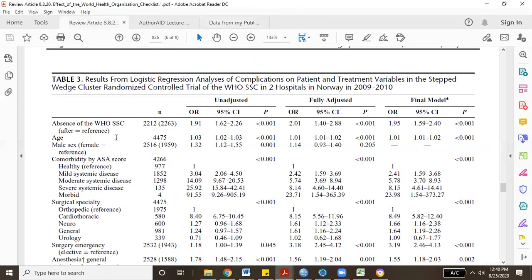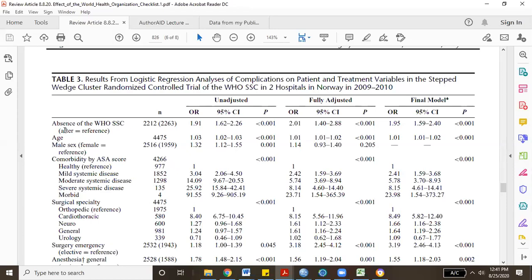Now, in the main article, look at this first line here. We have absence of the WHO surgical safety checklist, meaning absence of the WHO checklist. So they were trying to see if those that did not experience using the checklist, meaning the control group, will have more complications, because it's logistic regression analysis of complications.